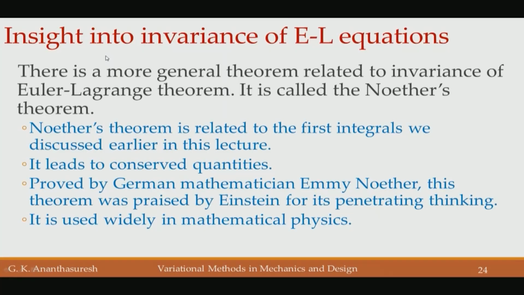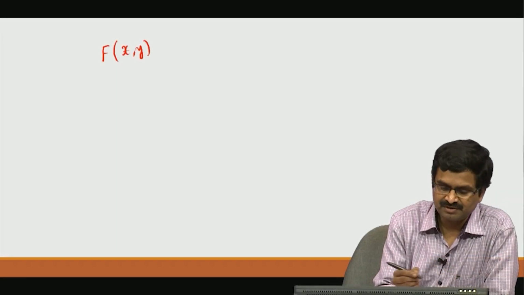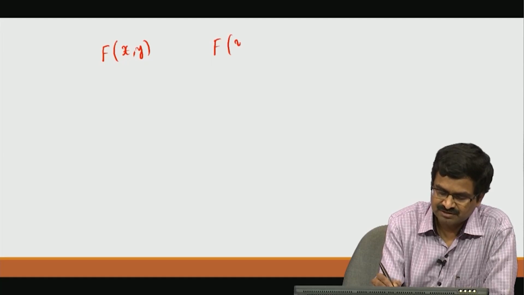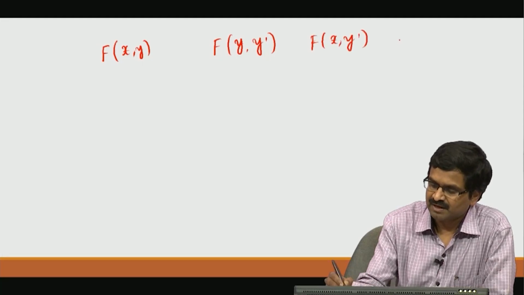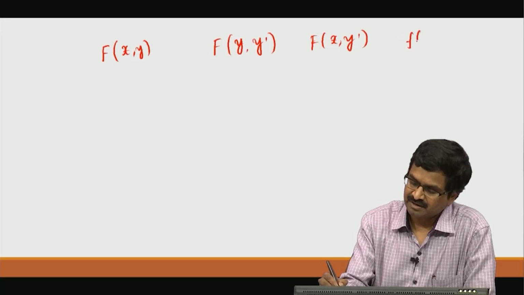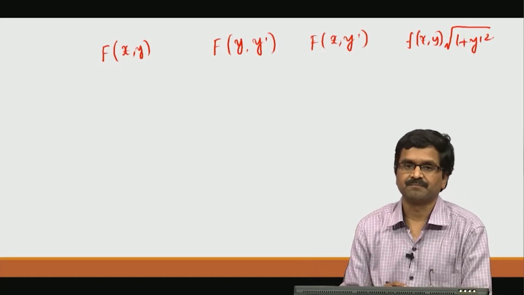Then we discussed two more things, and first let me write what we just discussed, that we have some special forms. Let me get the pen. We had the special form of the integrand to be dependent only on x and y, that turned out to be trivial, and then we took the integrand where it is a function of y and y prime, and f as a function of x and y prime, and then where the integrand was of the form f of x, y into square root of 1 plus y prime square.